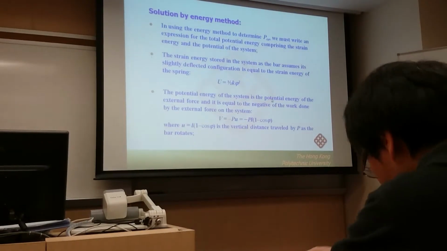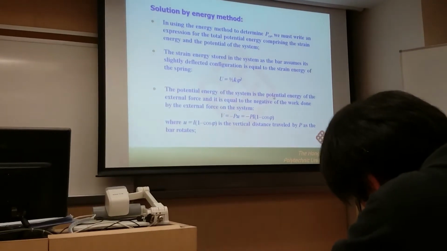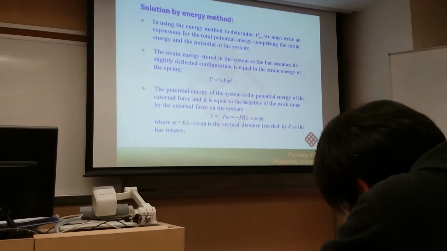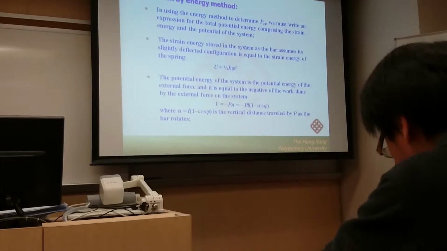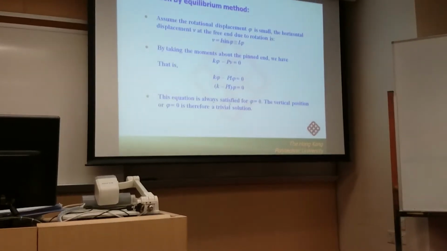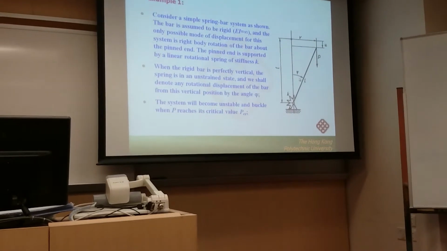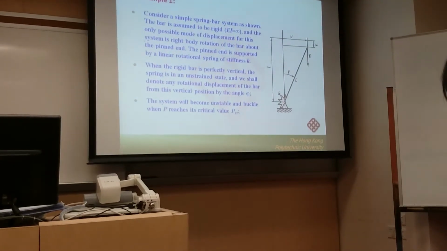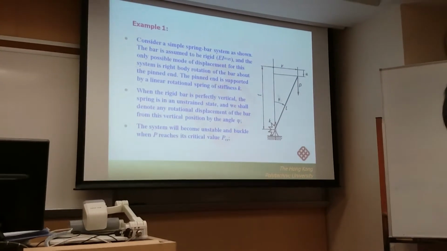And then, for the same problem, we can apply the energy method. So now I show you the energy method. Again, we consider a small rotation, and we have two parts of the potential. The first part is strain energy.